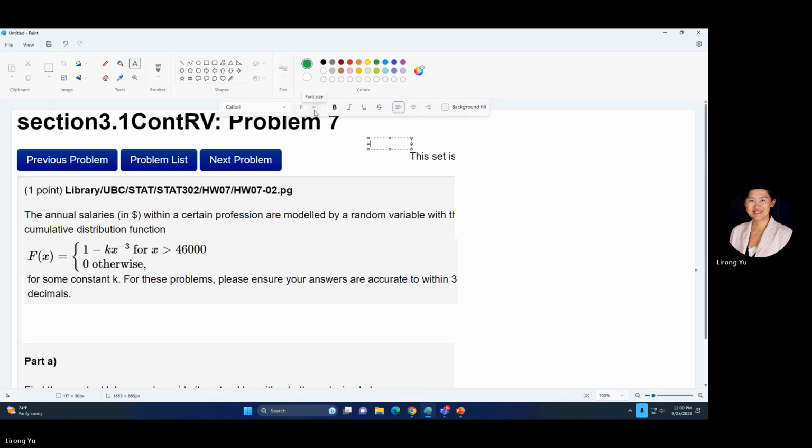So if we differentiate it, f of x is equal to derivative of capital F, which is equal to, differentiate this, we'll get negative k times negative 3 is 3k. And then the x raised to the power of -4 differentiation.